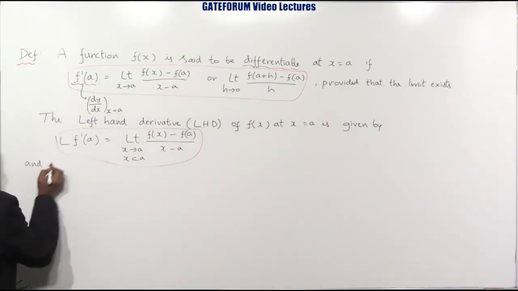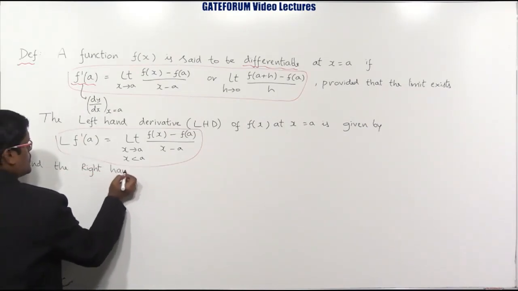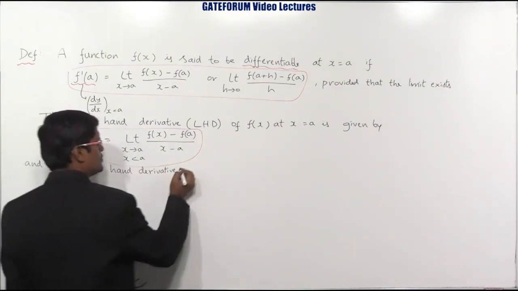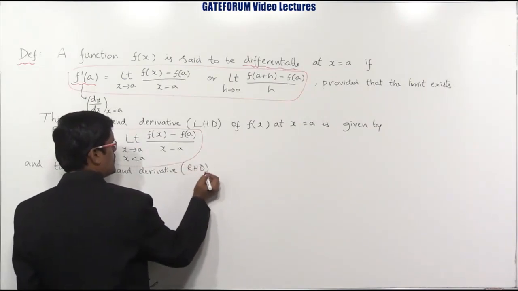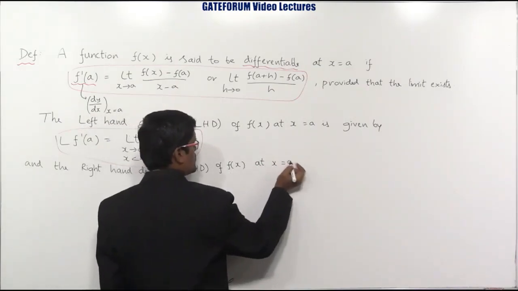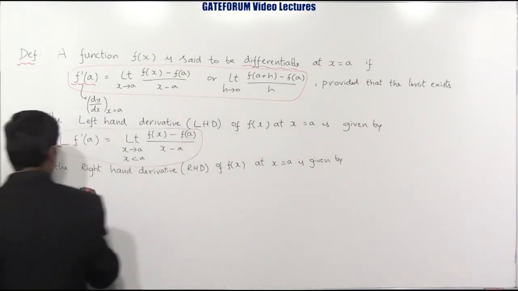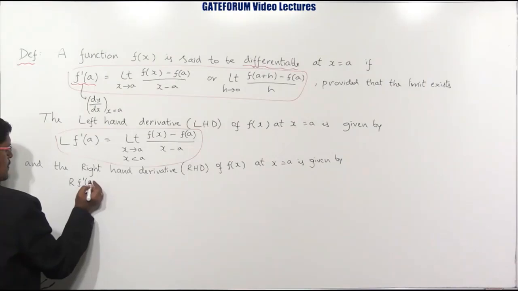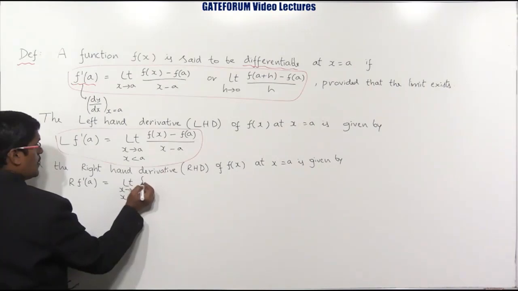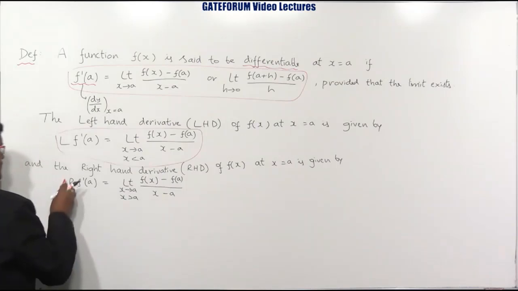And right hand derivative, in bracket RHD, of f of x at x is equal to a is given by R f dash a is equal to limit x tends to a, x greater than a, f of x minus f of a by x minus a.